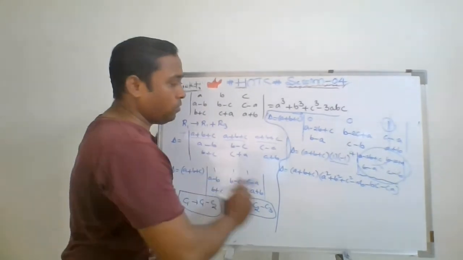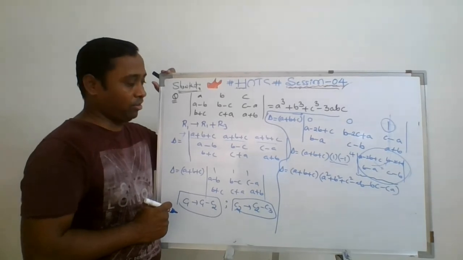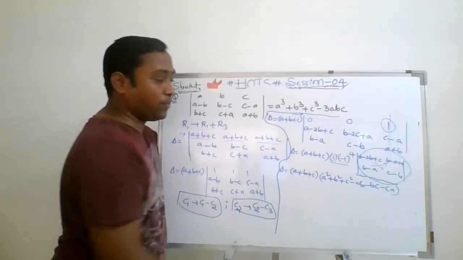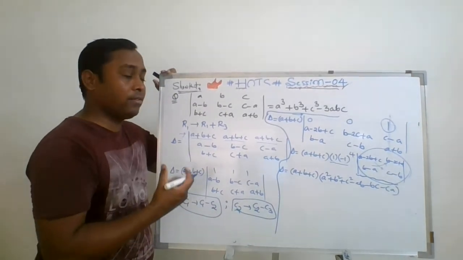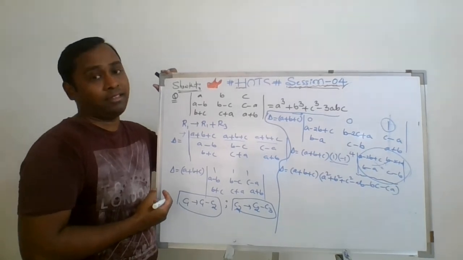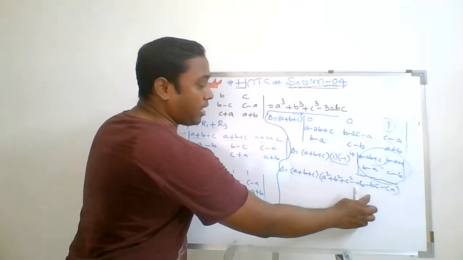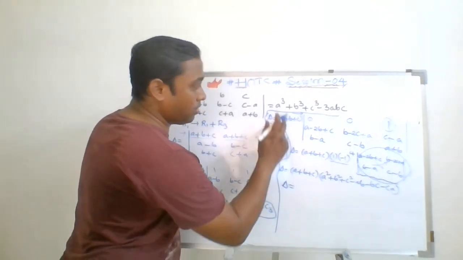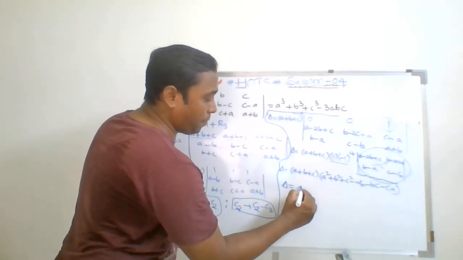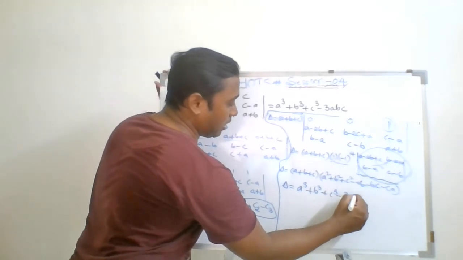Hence, what is left? This is the interesting factor in this question. If you observe, this expression is giving a hint about an identity which you have learnt in the ninth standard, right? A plus B plus C into this factor is directly giving this answer, because this is the formula of A cube plus B cube plus C cube minus 3ABC.